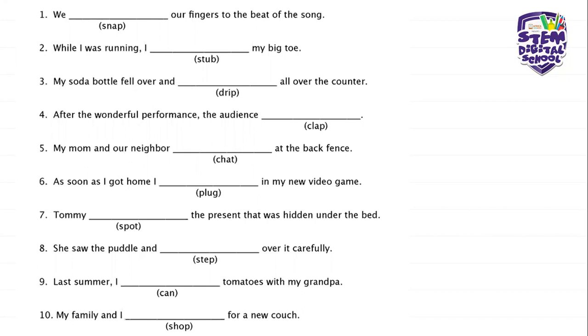I'm going to put snapped on. You get an extra p at the end, ed. We snapped our fingers to the beat of the song. Just remember that when a word is short and there's just one vowel in the middle, you repeat the last letter, like snapped, if you put ed at the back.